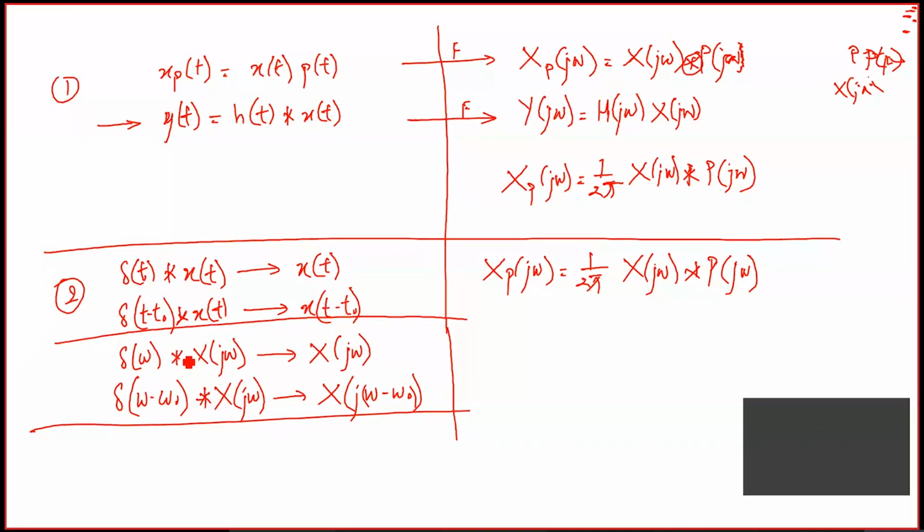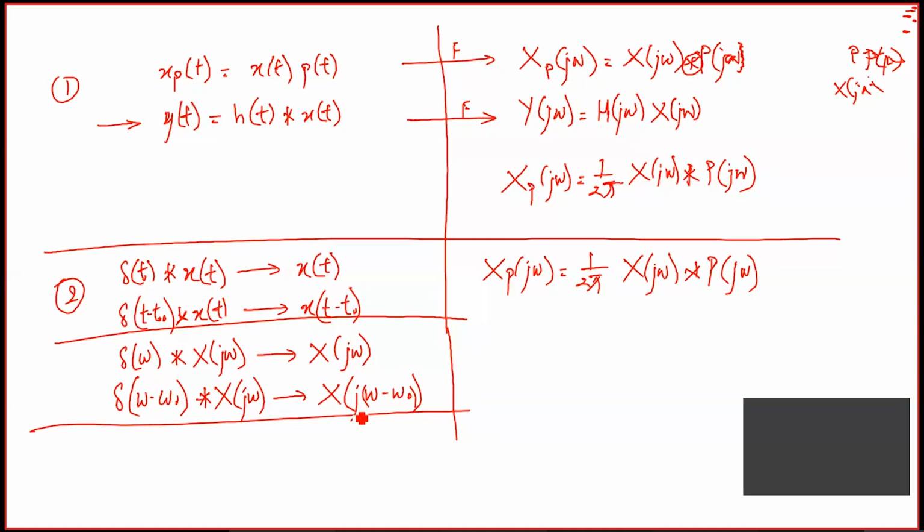And if you convolve any function with a shifted impulse, delta(t minus t_0), shifted by t_0, then you will end up getting the shifted function x(t minus t_0). This again is valid for the omega domain also. If X(j omega) is convolved with a shifted impulse, the end result is that the whole X(j omega) will get shifted in the omega domain by omega_0.